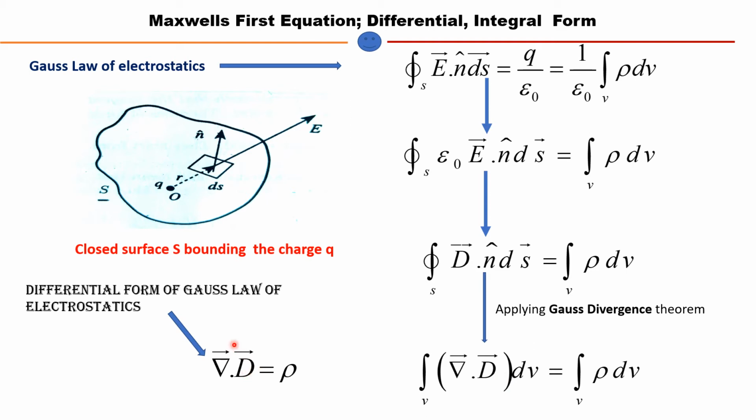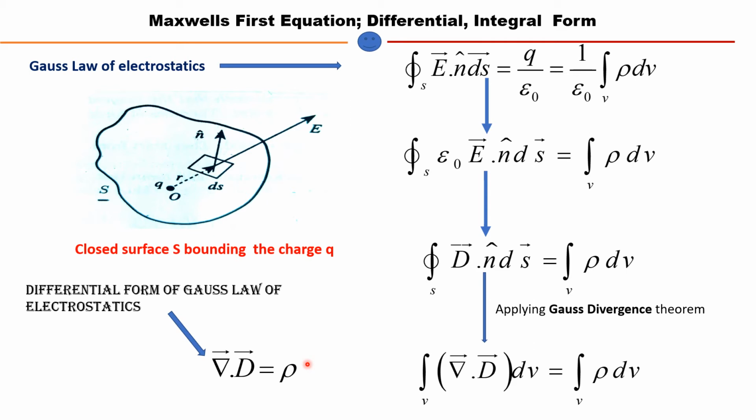It is the differential form of the Gauss law of electrostatics, which comes from the integral form. So from this equation we can reach Maxwell's first equation.